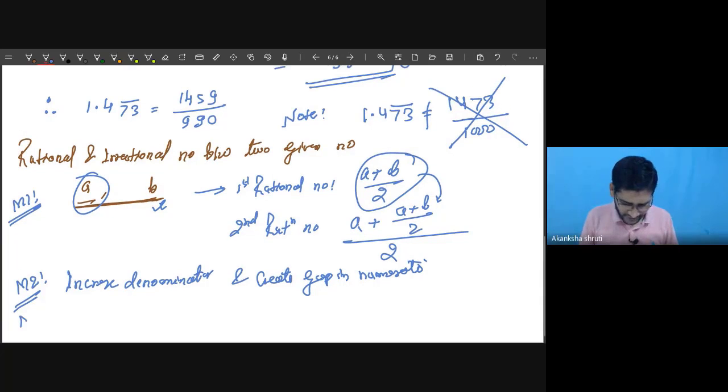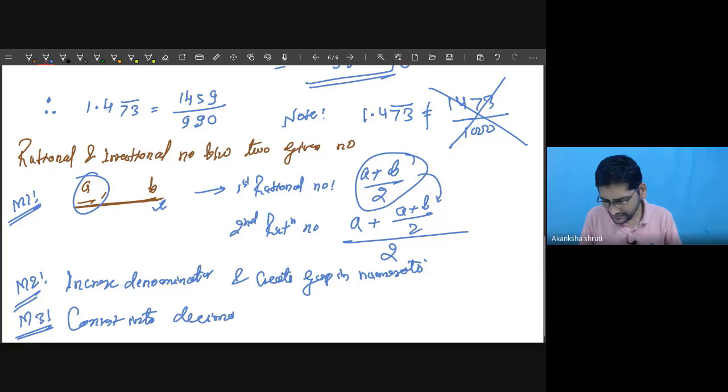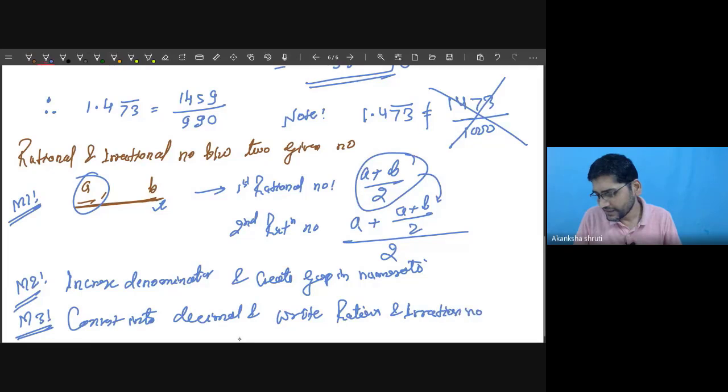The third method is to divide, or convert the number into decimal, and write a few rational and irrational numbers in decimal form.